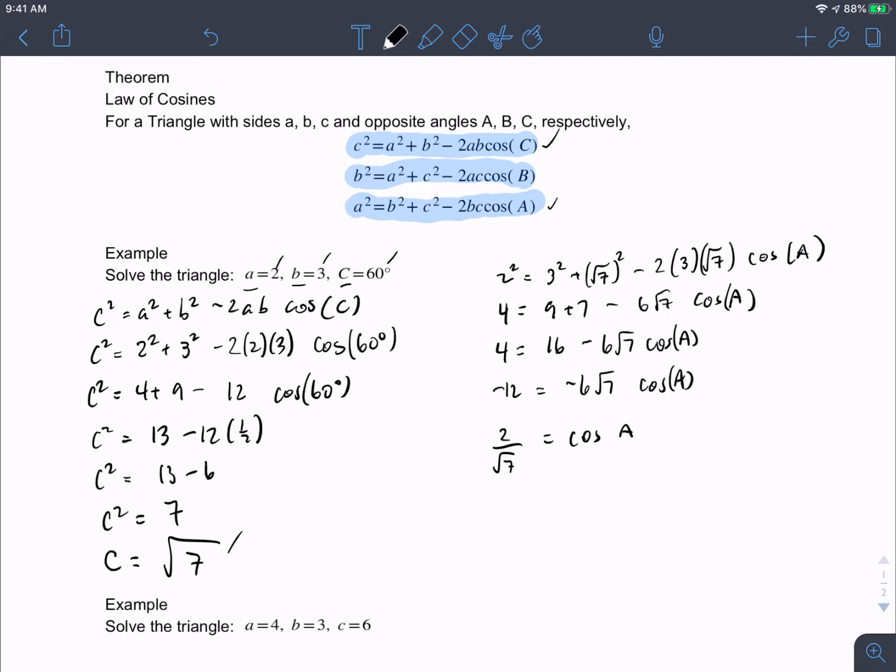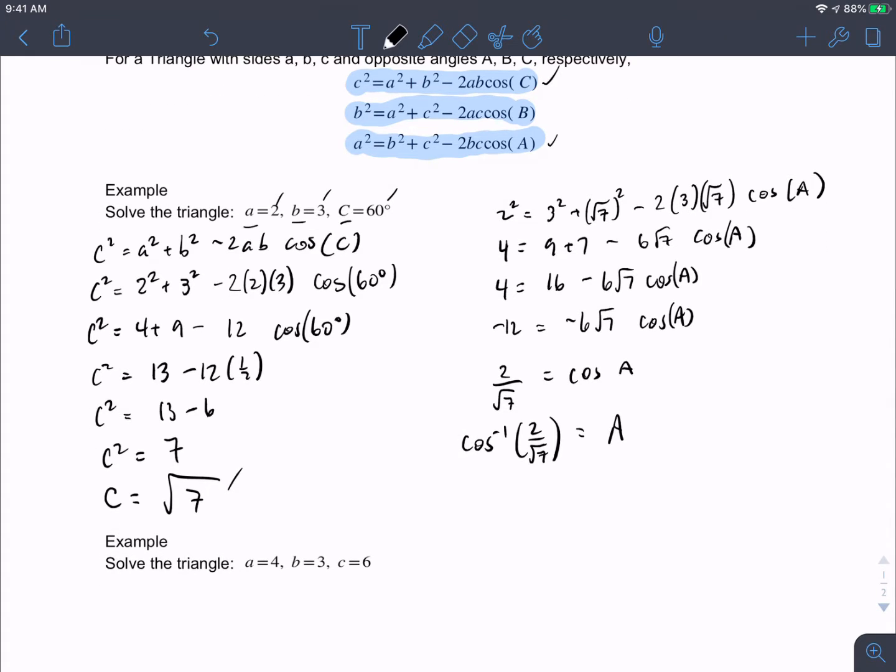And then doing the inverse of this, here you're going to need your calculator to get this angle. And again, we're going to be getting degrees. And so A is going to be 40.9 degrees. Now we have angle C, we have angle A, we need to find angle B. We need to remember that A plus B plus C is equal to 180 degrees.